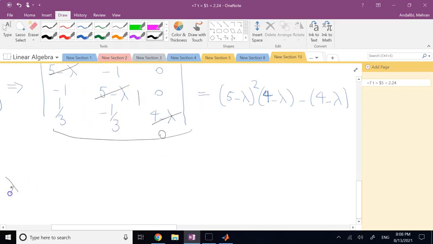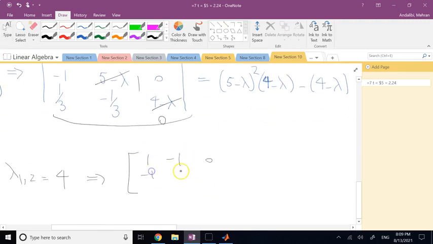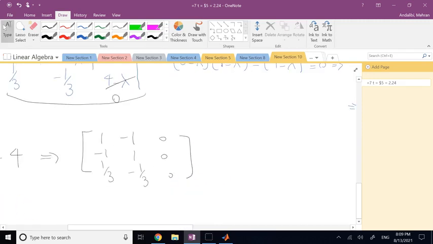So for lambda of 4, the matrix that you need is going to be 1, -1, 0, -1, 1, 0, and 1/3, -1/3, and 0. This times vector v, which you can write as v1, v2, and v3, is going to be 0, 0, 0.